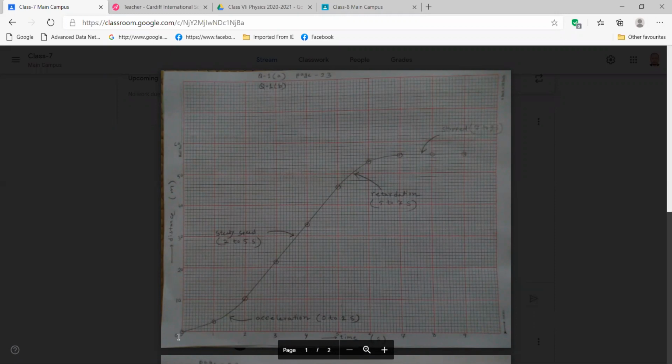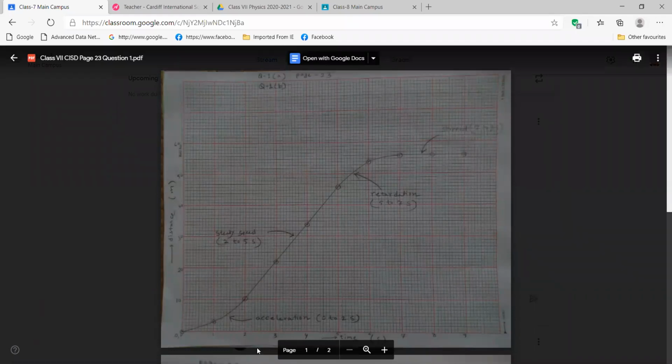That means for time the big square is 1, and for distance the smallest square is 1, because 0 to 10 here is 10 small squares. Is it clear? Saleha, you got it now? Okay, so you check it.